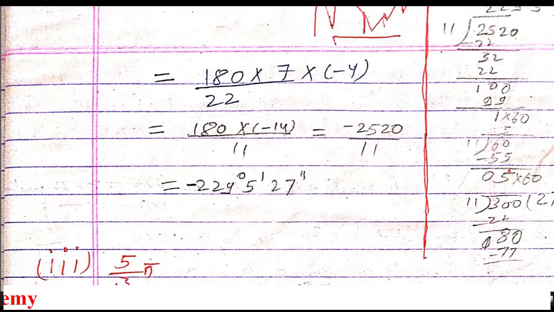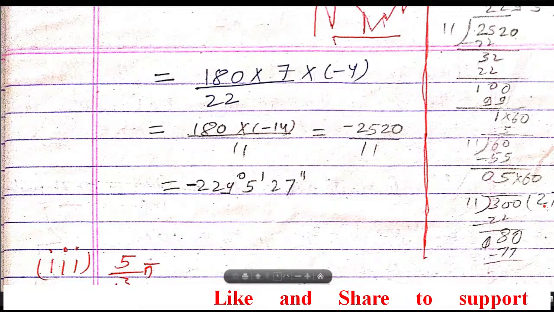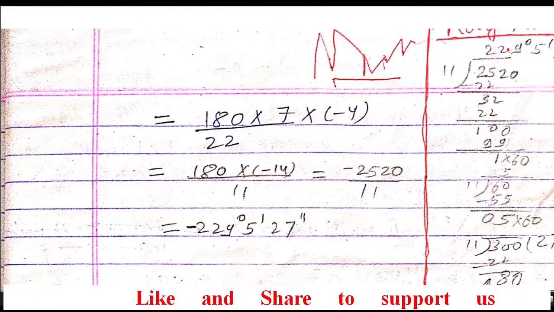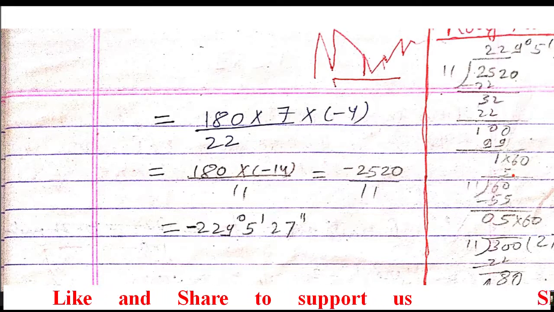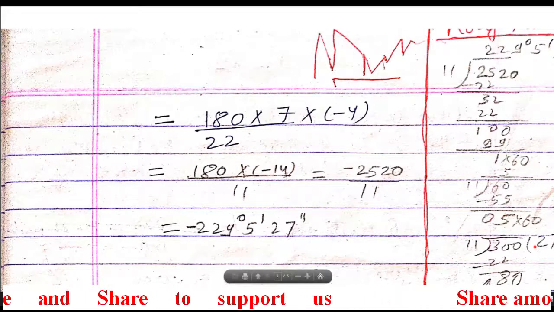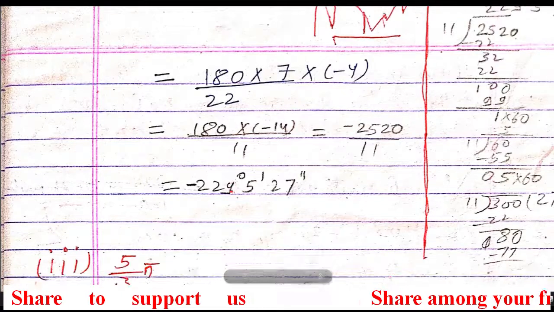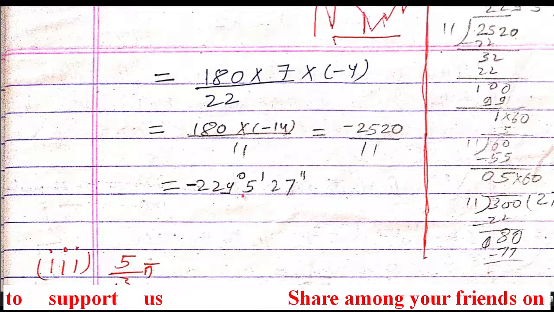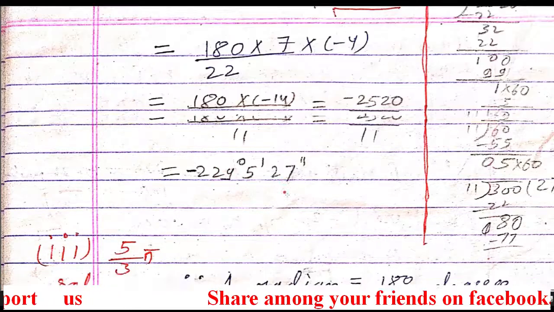Now since the remainder is also 5, that is also in minute, so the minute you have to change into the second, so multiply it by 60, that will give you 300. Now 300 divided by 11, that will give you 27. So what is the answer? This is in degree, this division's answer is in minute, and this division's answer is in second. So we got 229 degree, 5 minutes and 27 seconds.